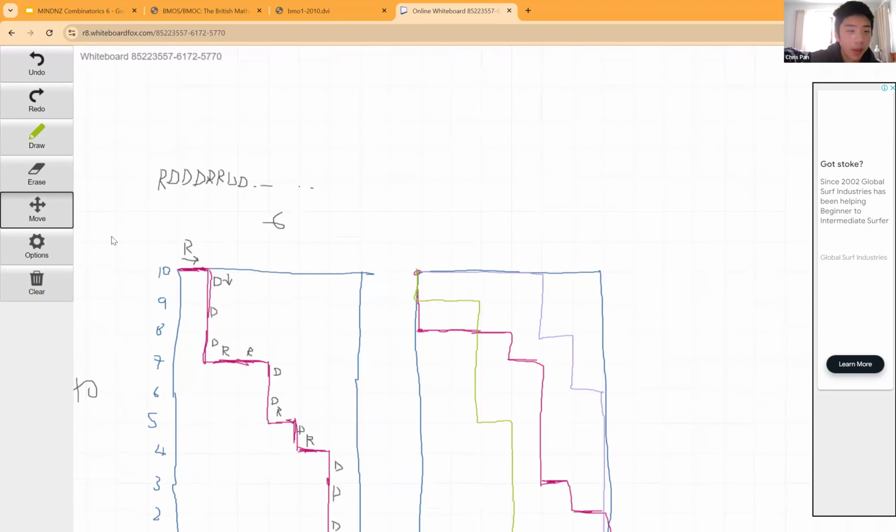So our path here is just a sequence of 6 R's and 10 D's jumbled up, right? And in fact, any sequence of 6 R's and 10 D's jumbled up makes a path.